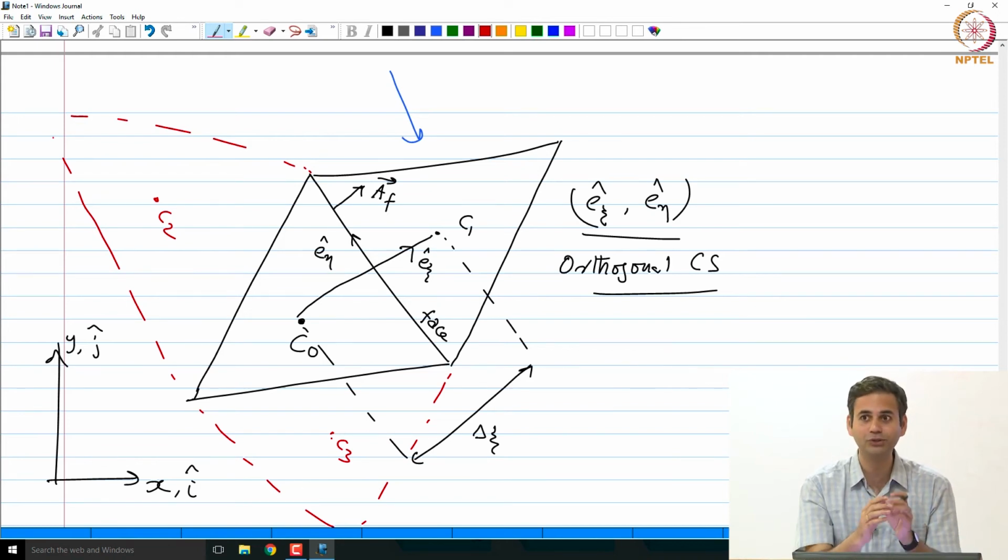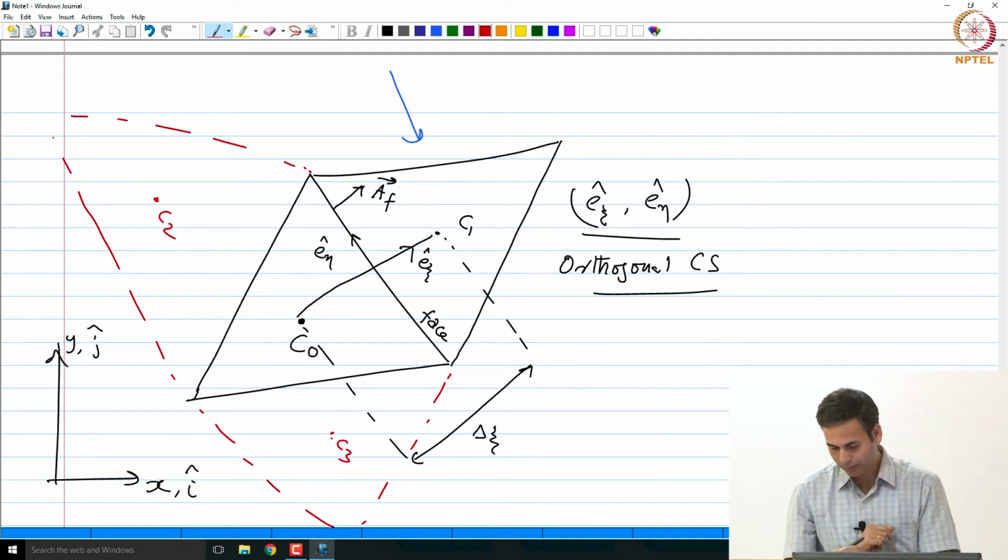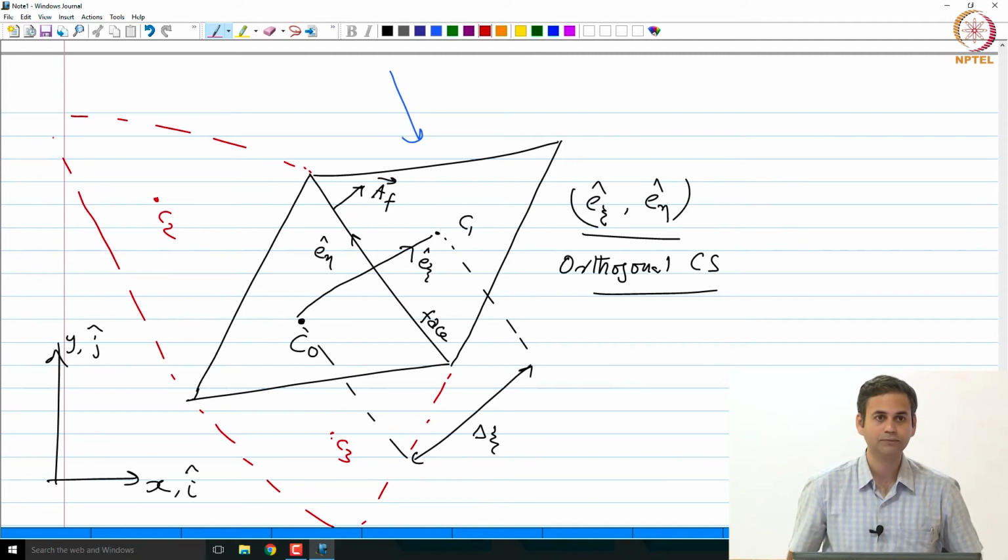So, for every face you have a local coordinate system, in which xi connects C 0 to C 1 or C 0 to C 2 or C 0 to C 3, and eta is in the direction along the face. Fine, that is understood, but as of now we will focus only on C 0 and C 1. Question still now, is this understood?